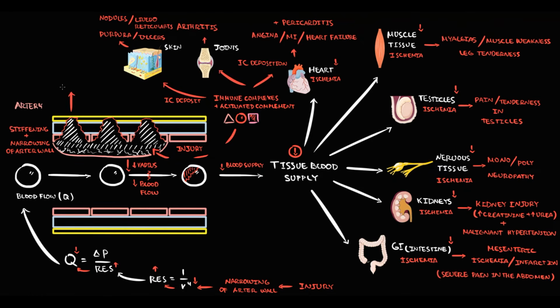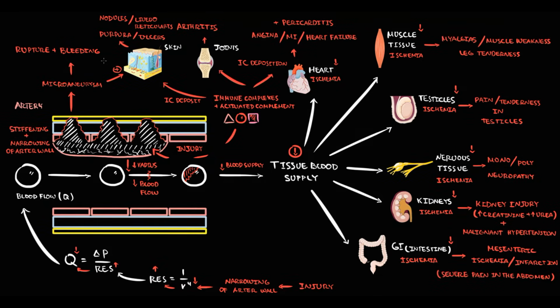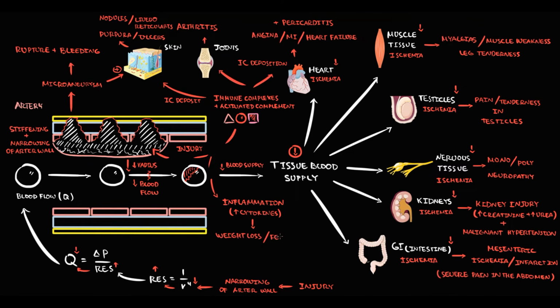In some cases, severe vessel wall injury can cause formation of microaneurysms, and aneurysms can be complicated by rupture that will cause severe bleeding. In addition to this, deposition of immune complexes can cause severe inflammation with massive release of cytokines, and cytokines cause systemic clinical symptoms as weight loss and fever.